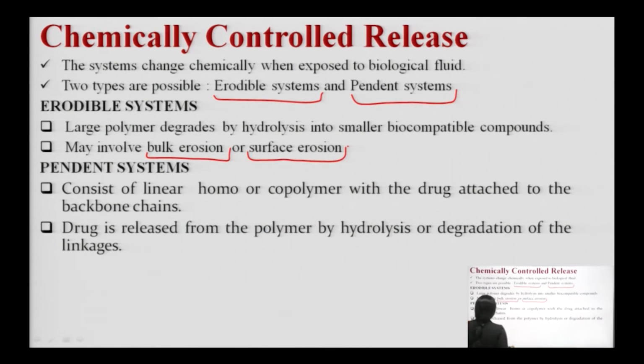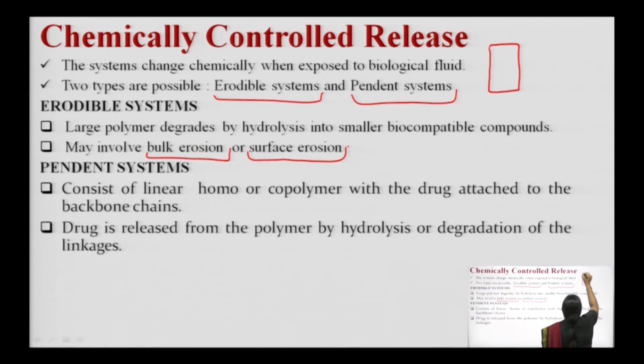So, erodible systems can be further of two types, that is bulk erodible systems or surface erodible systems. Now, what is the difference between bulk erosion and surface erosion? Let us understand this with the help of diagrams.